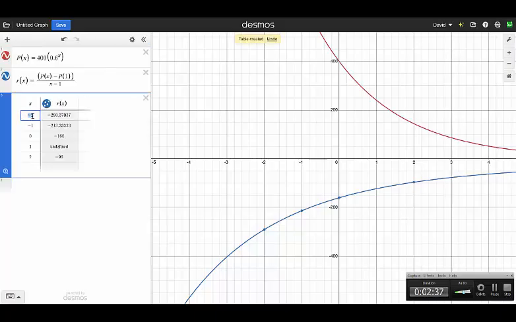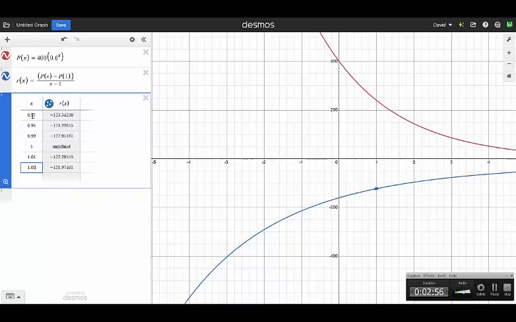Okay, so it wants the table of values from 0.97, 0.98, 0.99, 1.01, 1.02, then 1.03. So if we take a look at this table of values, we see it's negative 123.5, negative 123.2, negative 122.9, undefined there, negative 122.8, negative 121.9, negative 121.6.